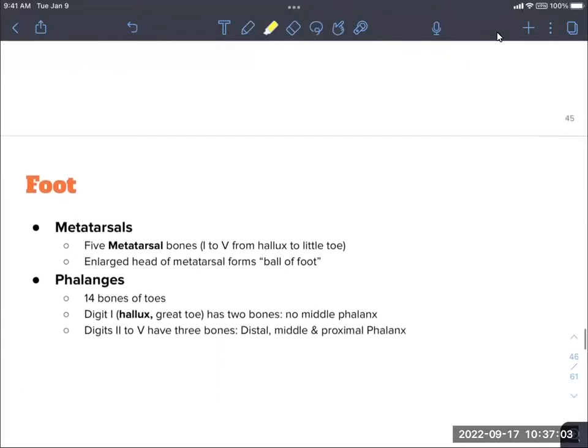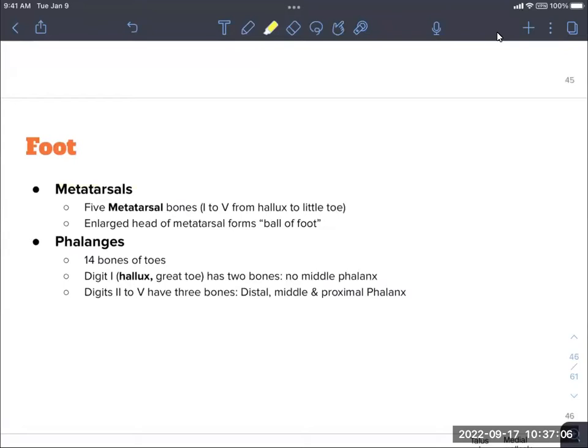So let's look. We also have metatarsals. Tarsal is for foot. The metatarsal bones form what is known as the ball of your foot. And just like your fingers are numbered 1 through 5, so are your metatarsals and phalanges. So your big toe or the hallux is 1, and then they move 2, 3, 4, 5 towards the little toe.